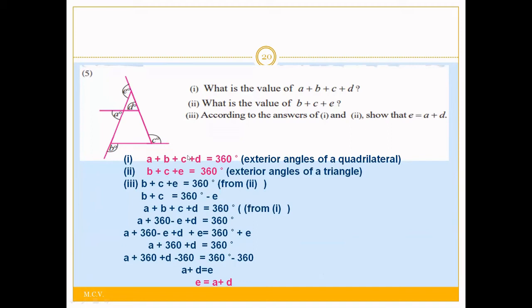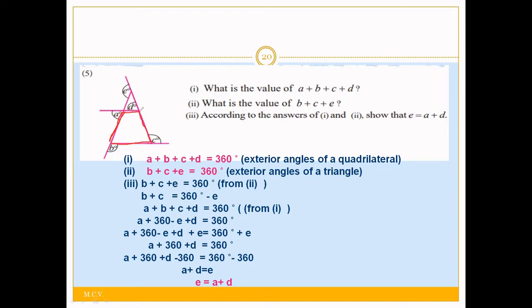Then part B, fifth question. What is the value of A plus B plus C plus D? What are A, B, C and D? Are there specific letters? Consider this quadrilateral, a four-sided polygon.